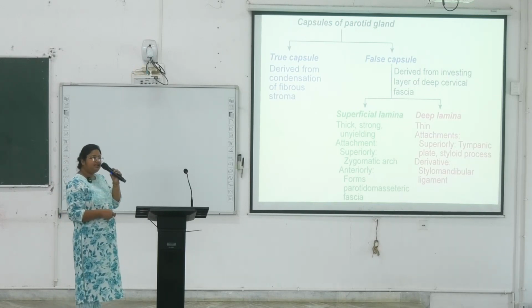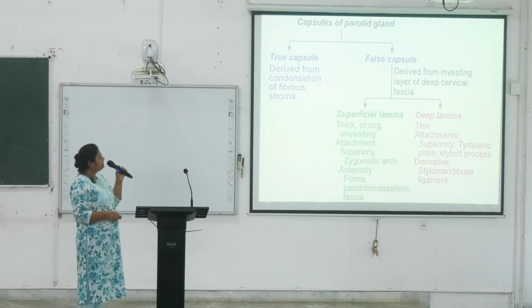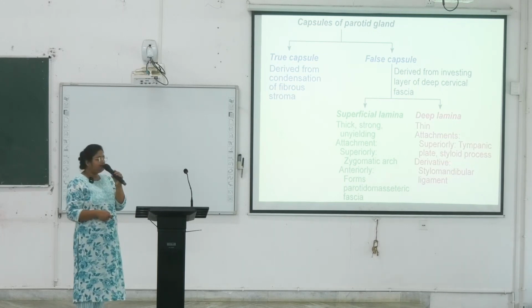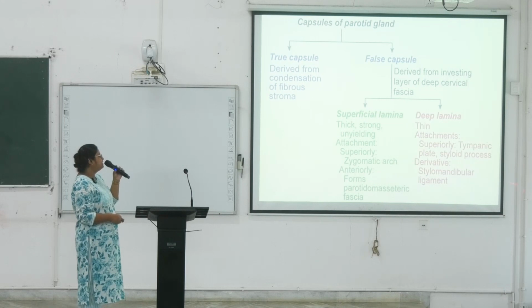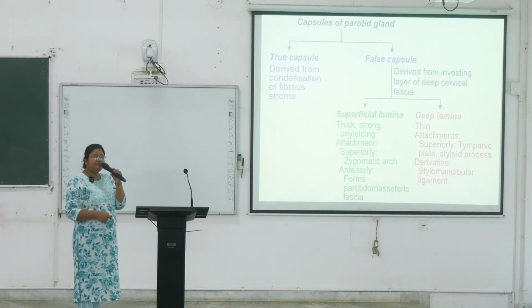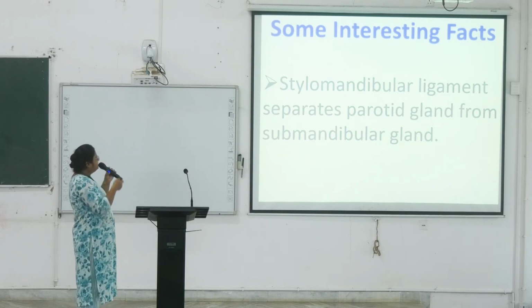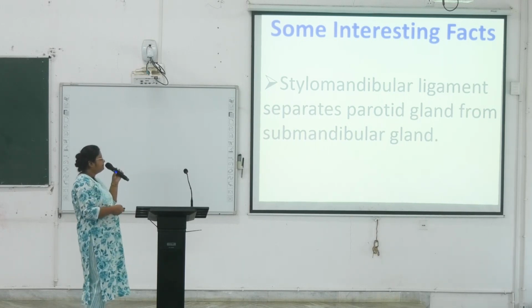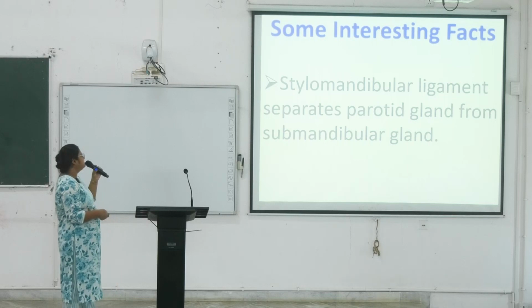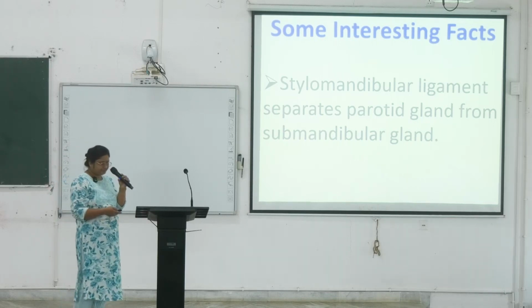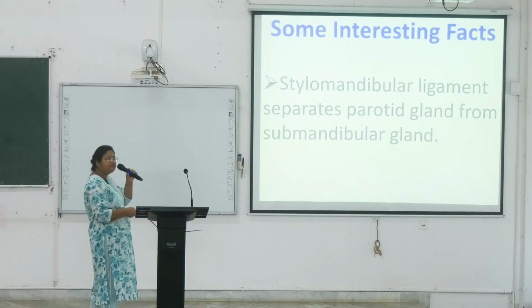Deep lamina is thin, attached superiorly to the tympanic plate and styloid process, and its derivative is the stylomandibular ligament. This stylomandibular ligament separates the parotid gland from the submandibular gland. That's why this ligament is important.